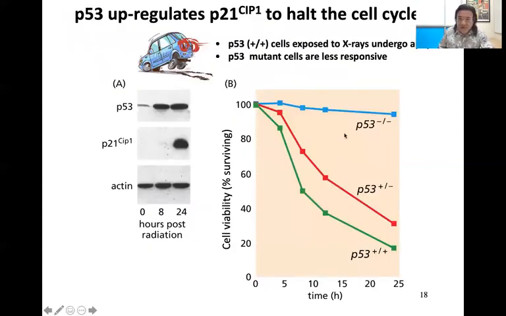So how does p53 do its job? p53 works through different intermediate proteins in order to do things like halt the cell cycle. We already looked at some examples of tumor suppressor genes whose job it is to put the brakes on the cell cycle. We looked at things like, for example, p21. p21 is one of these proteins that interacts and prevents some of the cyclin CDKs from doing their function.